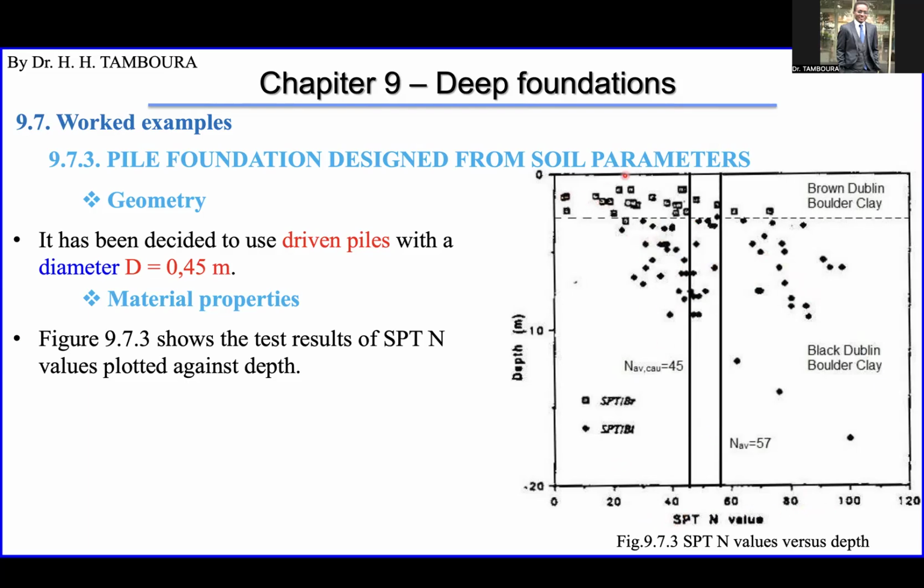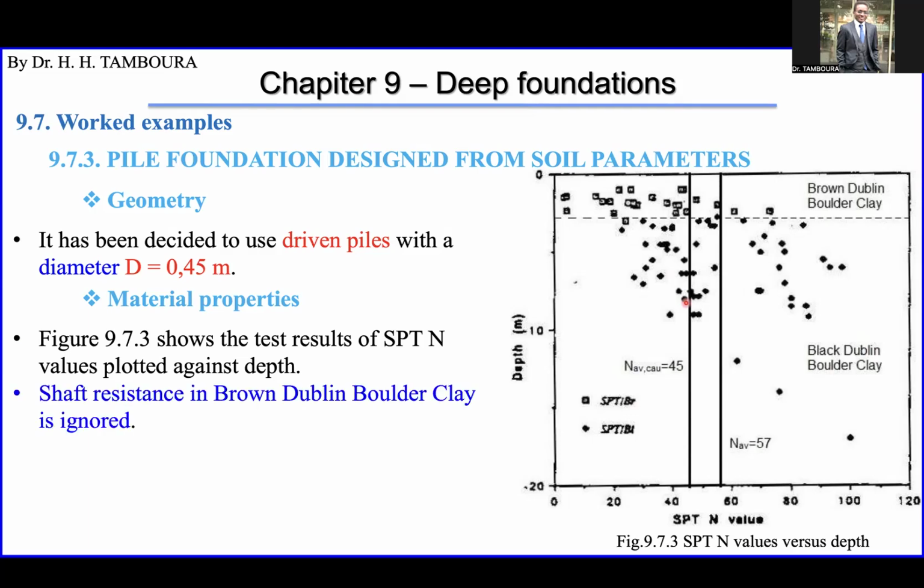We have this part for the brown clay, and the second one, the black clay. You can see the SPT values in the brown clay, and these in the black clay. Each dot you see is an SPT value.